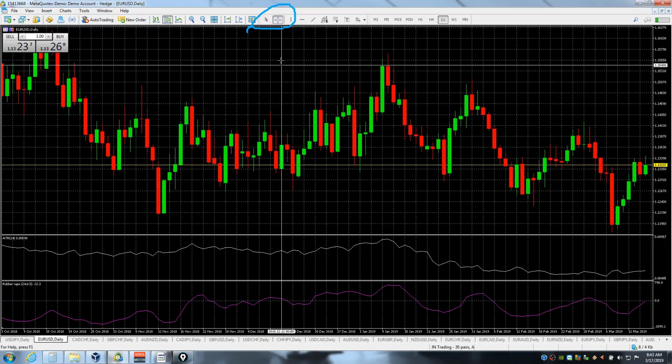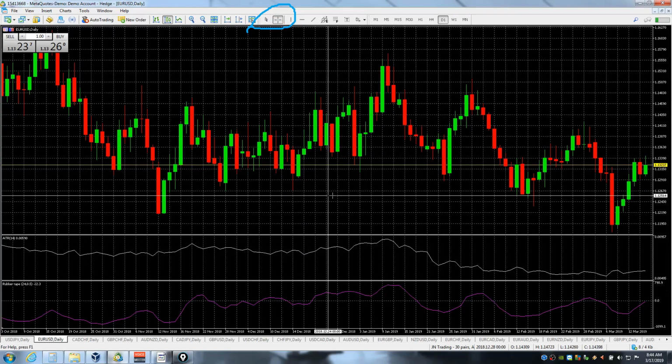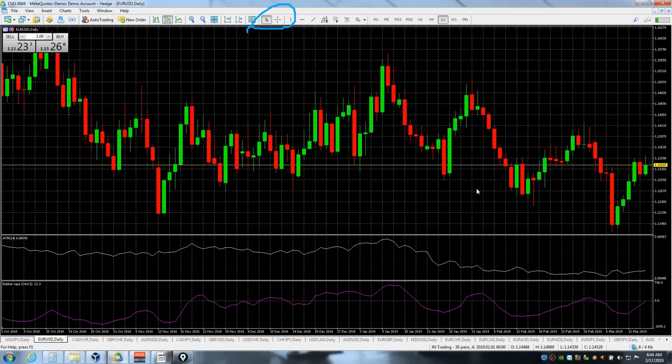So you can just click up here and get the crosshair. The funny thing about this program though is that as soon as you click somewhere, it disappears. It goes back to the regular cursor. I couldn't find a setting to make it persistent, but maybe I'm just not seeing it. Just keep that in mind.